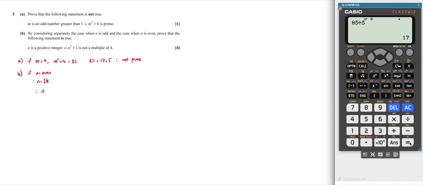Therefore, n squared plus 1 is 2k squared plus 1, which is 4k squared plus 1, which is 1 more than a multiple of 4.